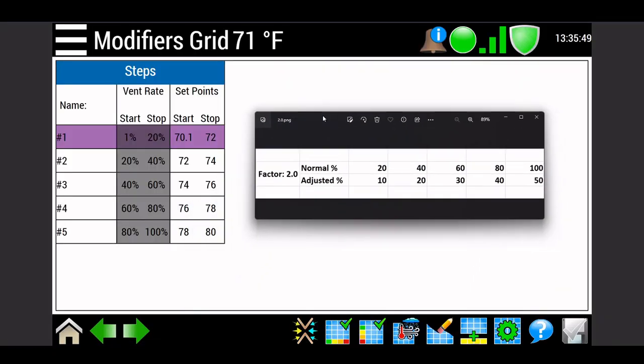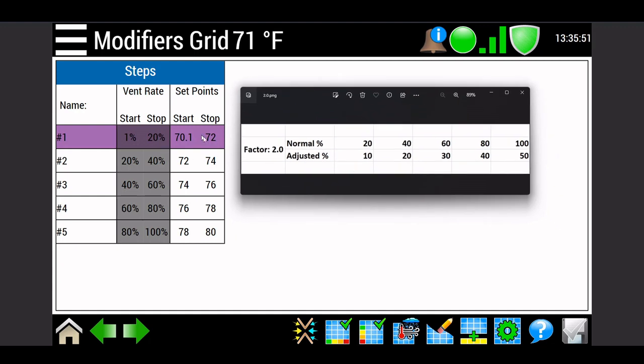Normally, if it's 72 degrees, we're at 20%. Adjusted, it's down to 10%. If we were at 74 degrees in our barn, then normally it would be an output of 40%. The adjusted is going to be half of that, 20%.